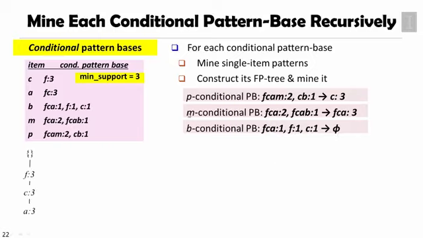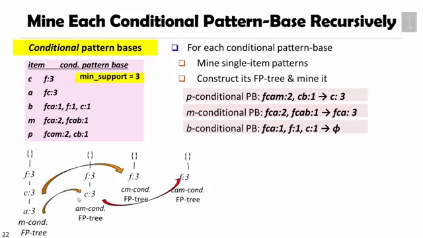Of course, you will get A's and C's pattern bases like F:3 and FC:3. Actually, for this single branch, you can dump all the possible combinations, whose support is all 3. But we just look at, in the recursive way, how we can mine this pattern base. For A's conditional pattern base, you get FC:3.